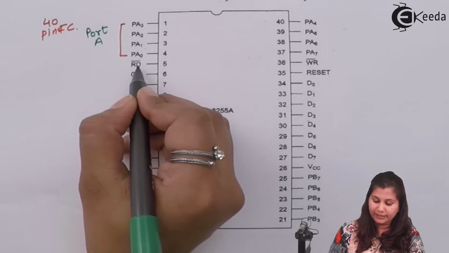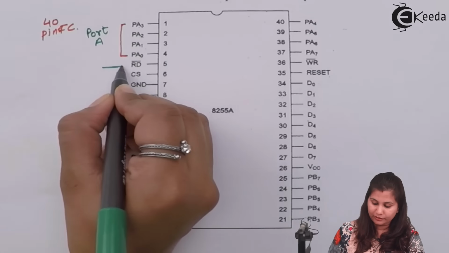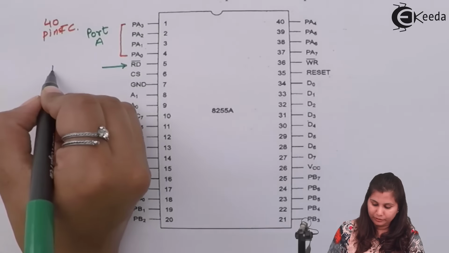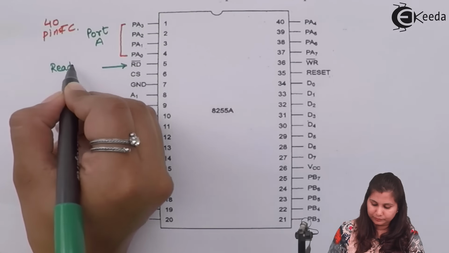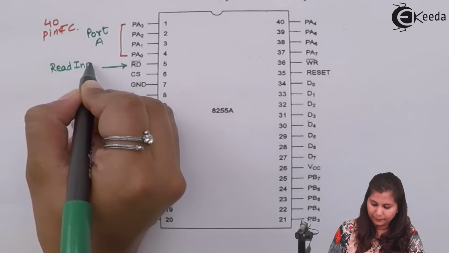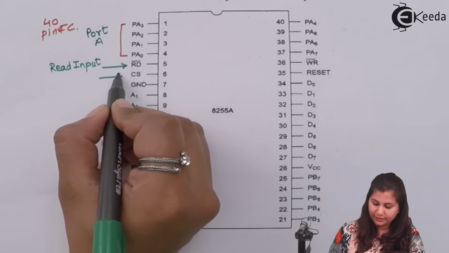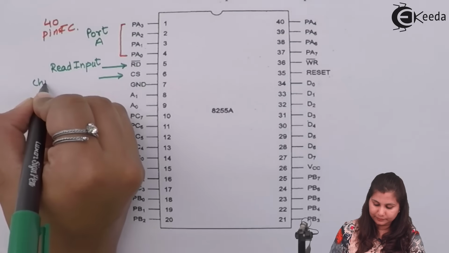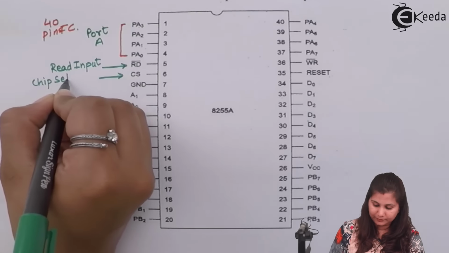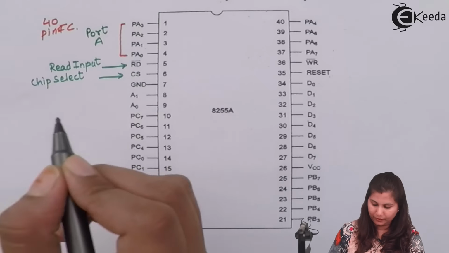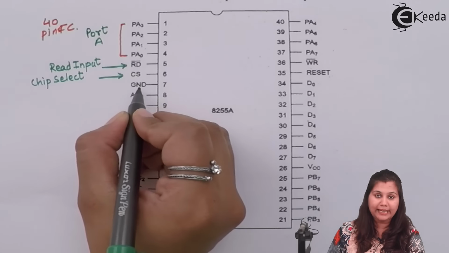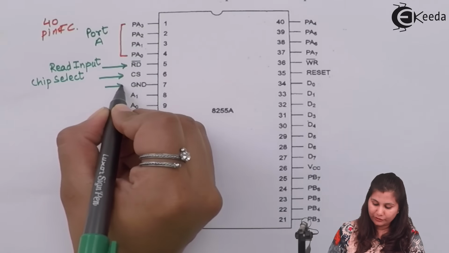Then we have RD bar, this is the read input. Then CS, it is chip select. GND is for the ground connection.